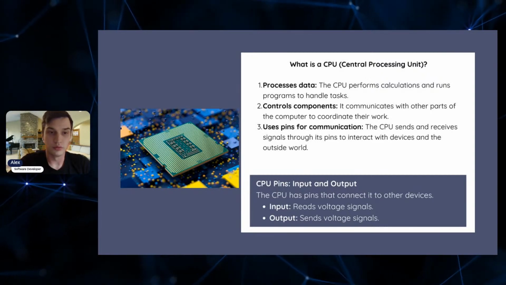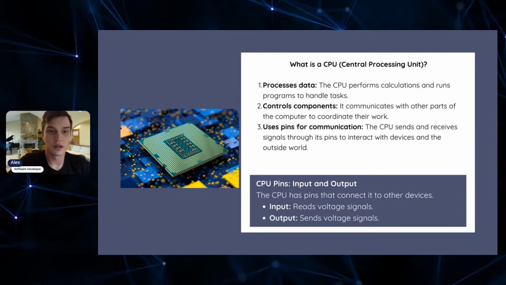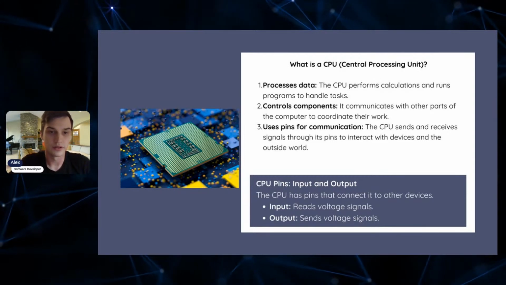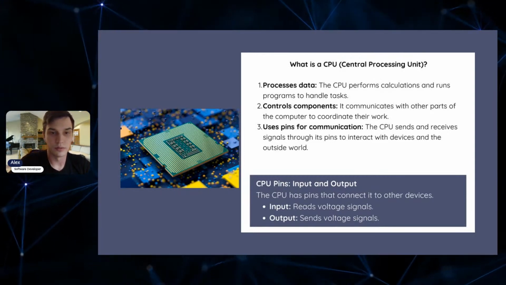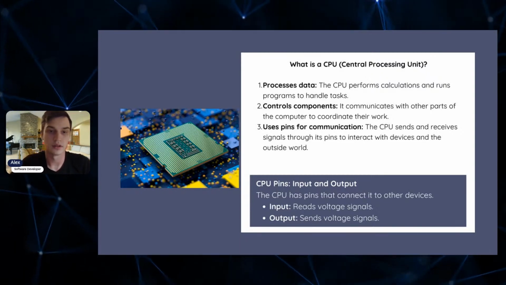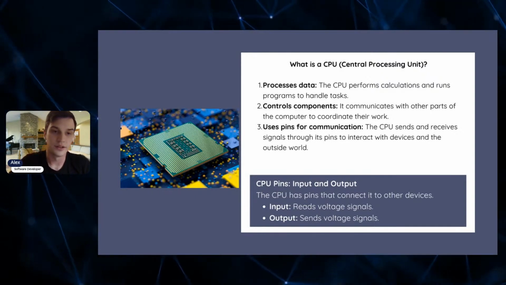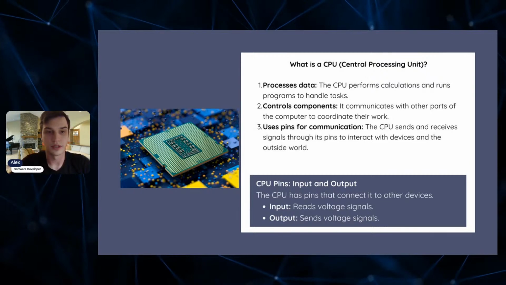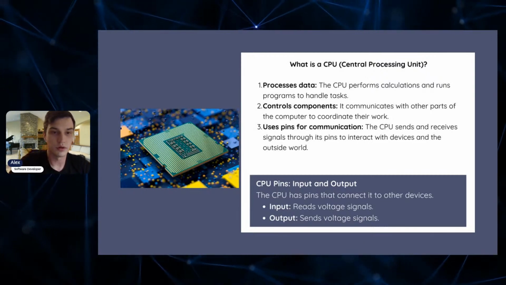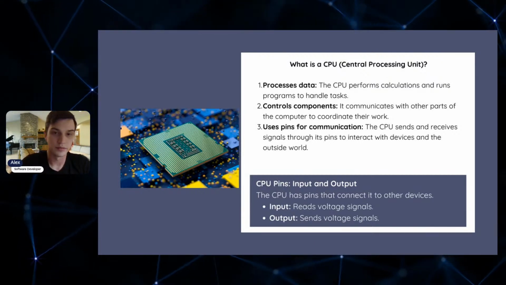To control everything, he uses his pins. On the slide, you can see the image of the processor, and here are small gold circles on the top of it. Those circles can conduct electricity. So the computer can put some voltage on those pins or can disable the voltage on those pins.